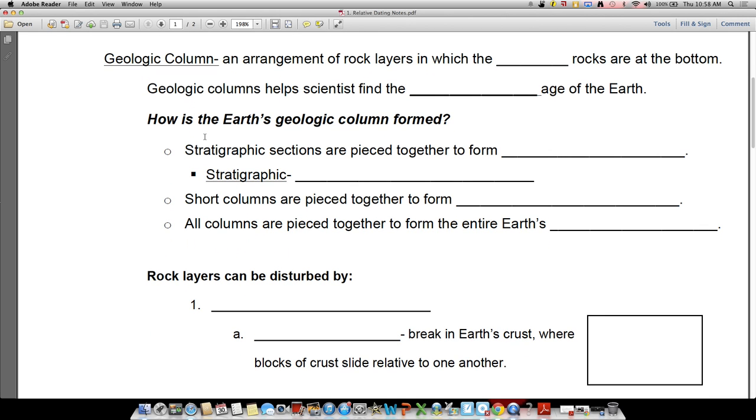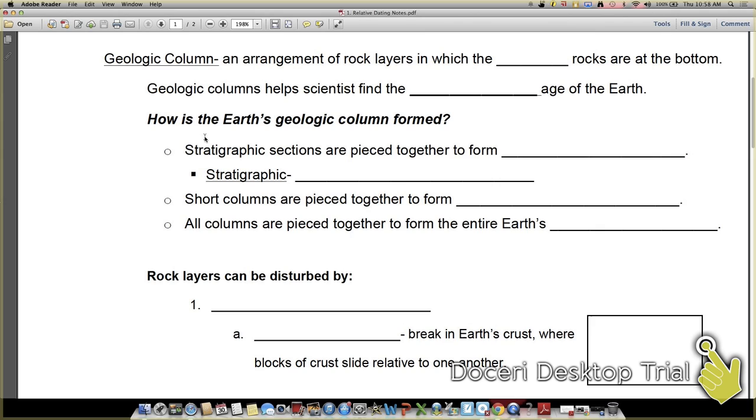Then we talked about stratigraphy, and we're saying that strata sections are pieced together to form columns. What kind of columns? Short. We got to get the short columns first.